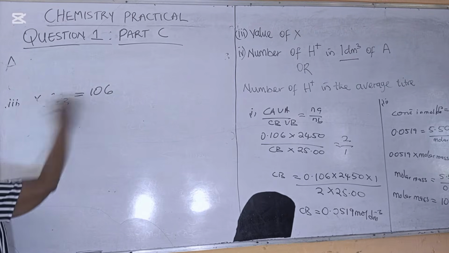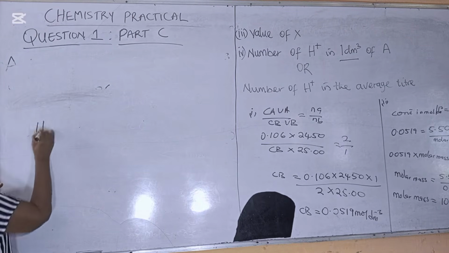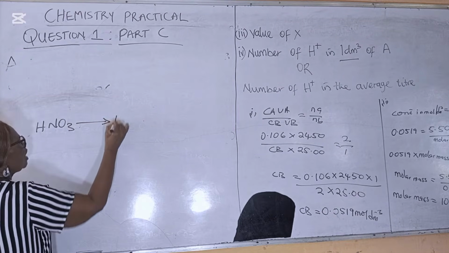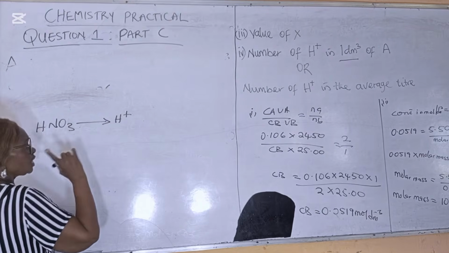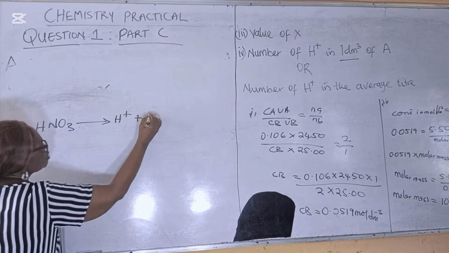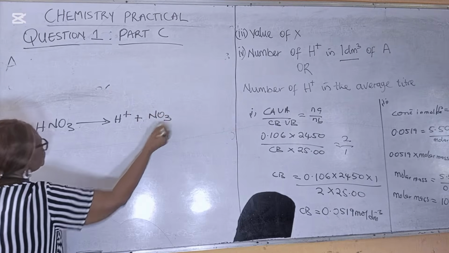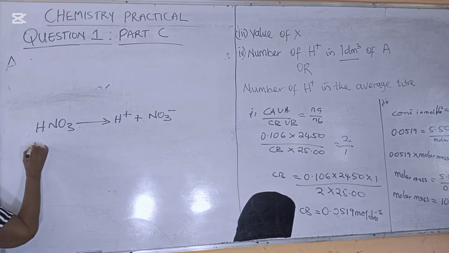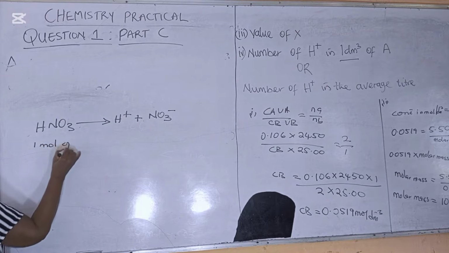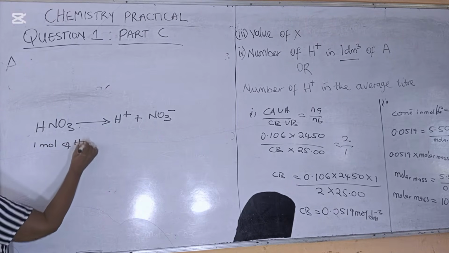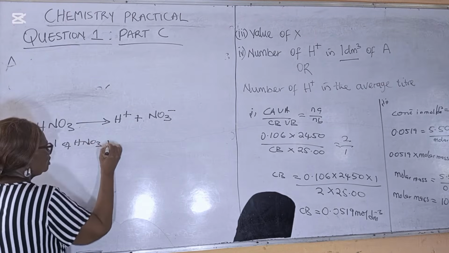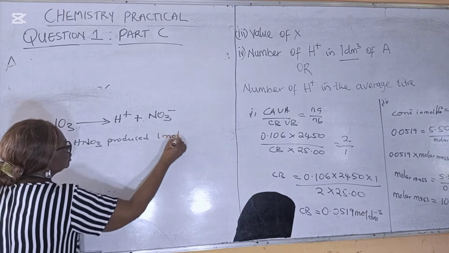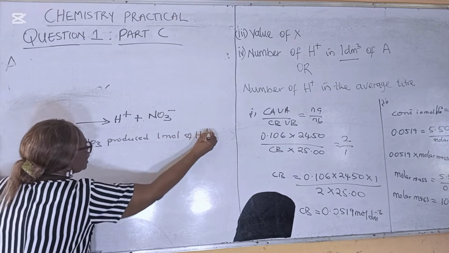So you write HNO3; when ionized, you have 1 mole of hydrogen ion and 1 mole of nitrate ion. Meaning that 1 mole of this A will produce 1 mole of hydrogen ion.